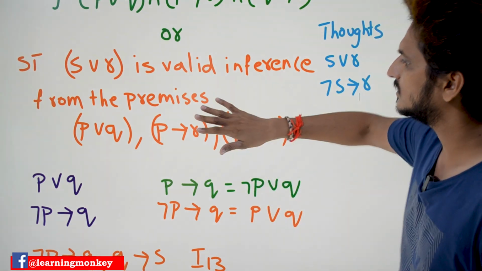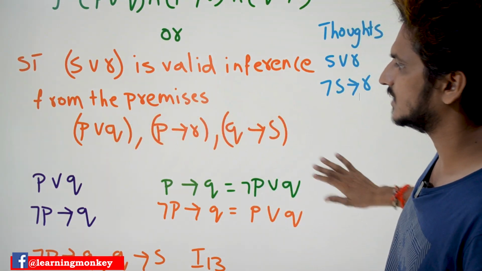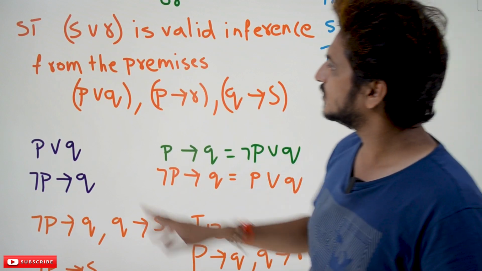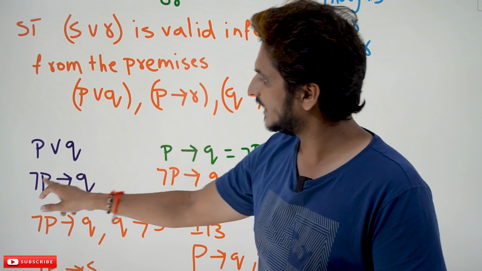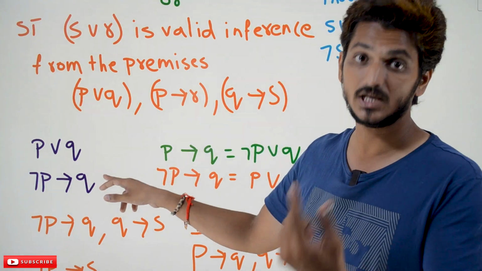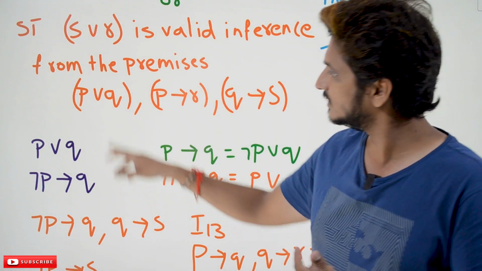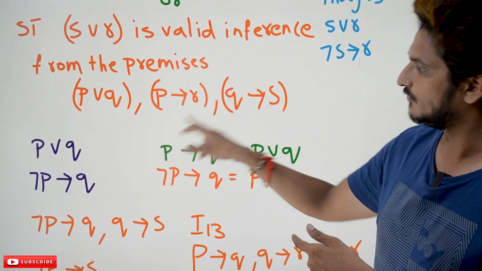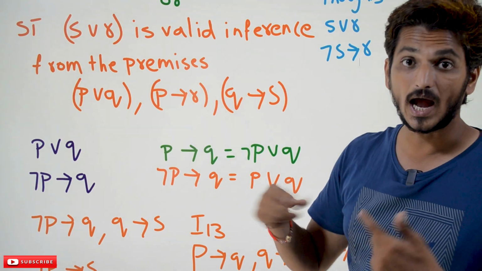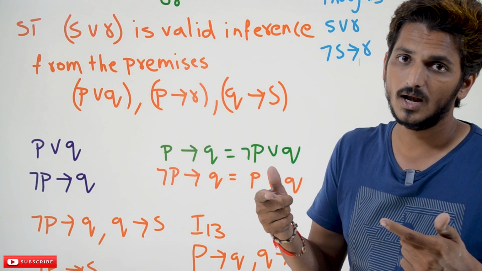So now coming to this, given these three propositions, P disjunction Q can be converted into negation P implies Q from the equivalence formulas. Why did we convert this into negation P implies Q? Because the remaining propositions are in the form of implies, and we had the I13 inference rule.